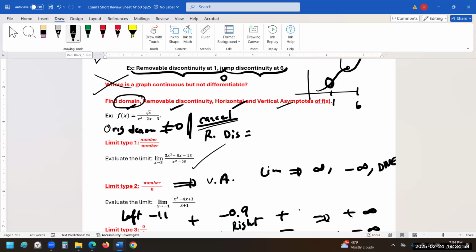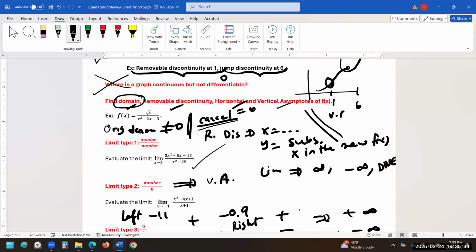You set the cancelled term equal to 0, and you get x equals some number. Now, removable discontinuity is a hole, right? Hole means it's still a point. So you need the y value also. The x value that gives us the hole, substitute into the simplified version. Substitute x in the new function after you cancel everything.